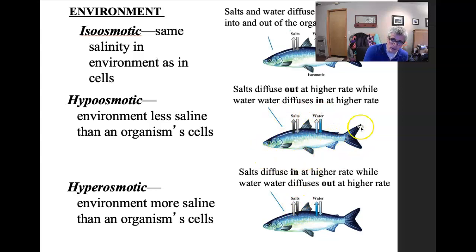In a hypoosmotic environment, where we take our saltwater fish and throw it in a pond where the environment's less saline than the organism, water goes in, fish explodes, salts go out. So when we use these terms, they're intuitive, but we need to make clear what we're referencing. So hypo, less osmotic, environment. So we're using all these terms in relationship to the environment.